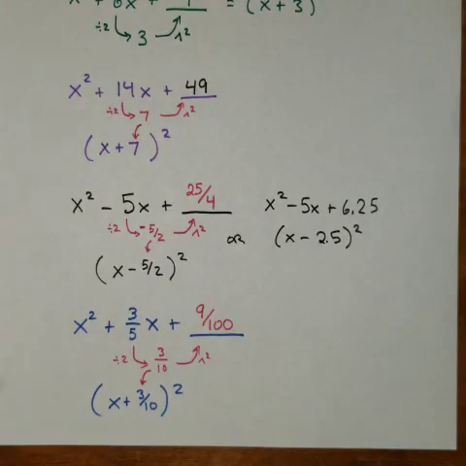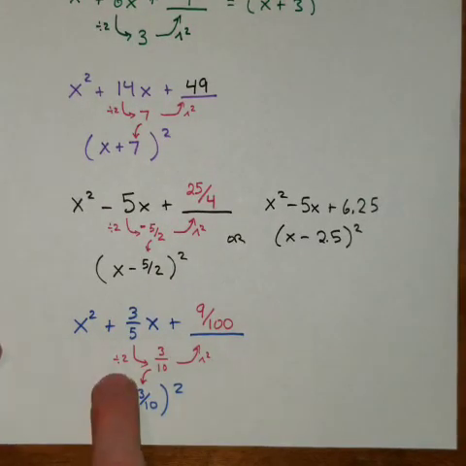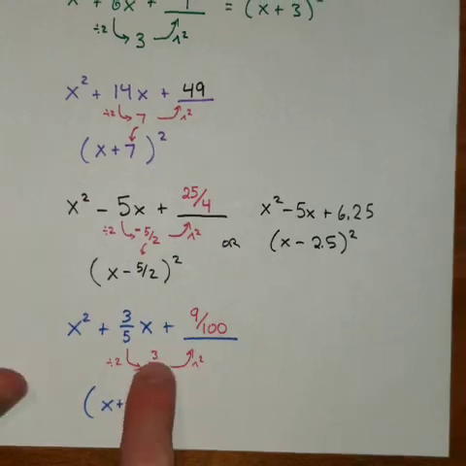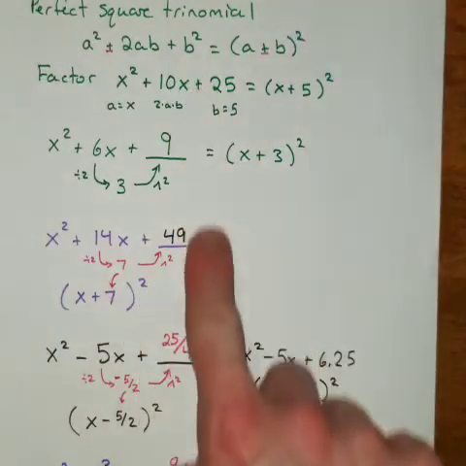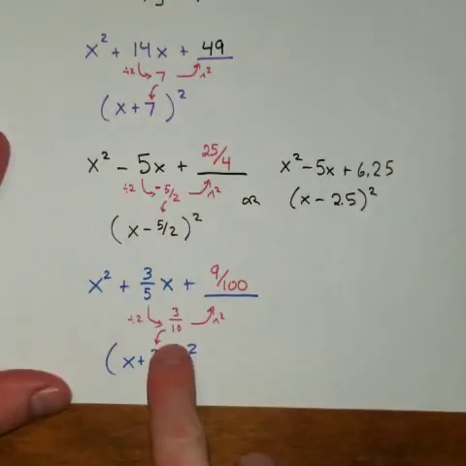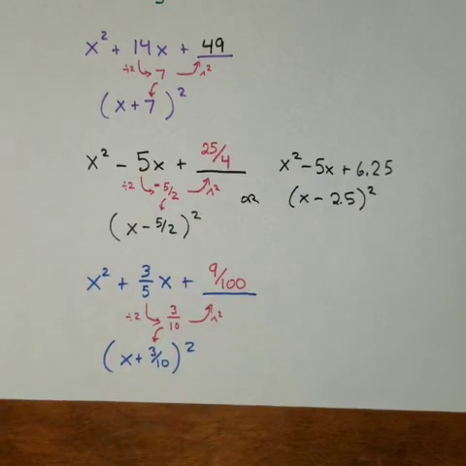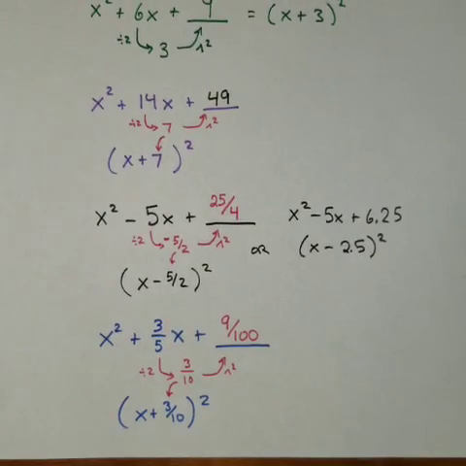But the pattern is the same. So you're always dividing by 2, then squaring. The number down here, this is your b value from the formula, right? So the b value here is always the key number that we're looking for, and that's what goes into the parentheses in the final factored version, okay?